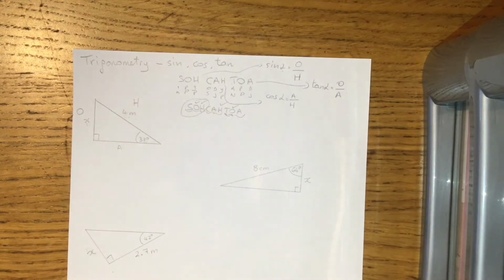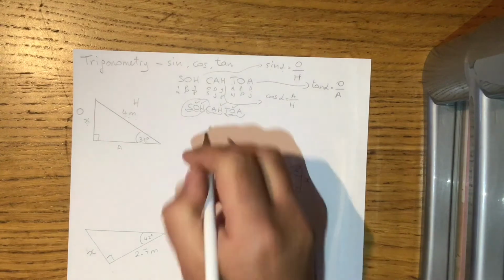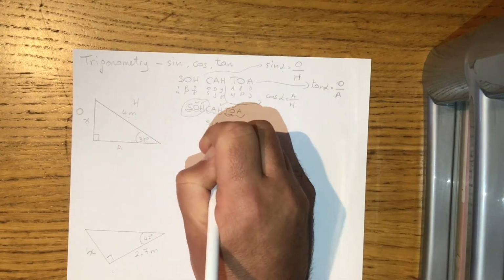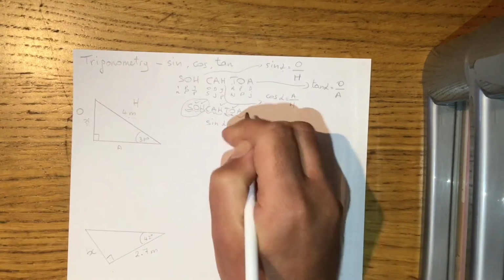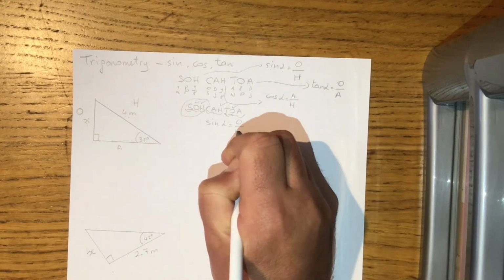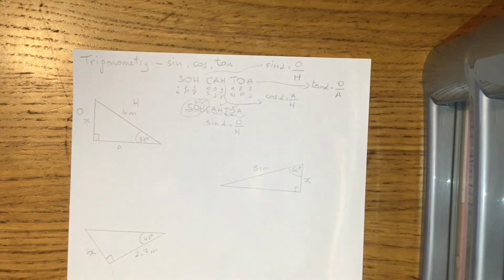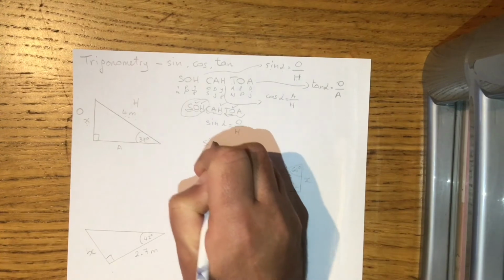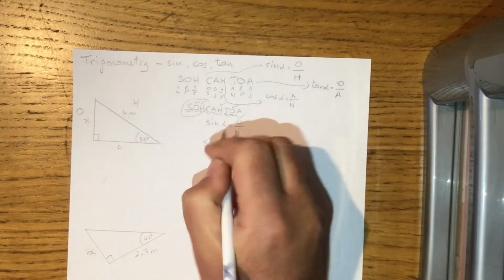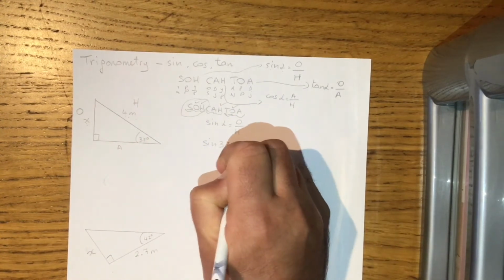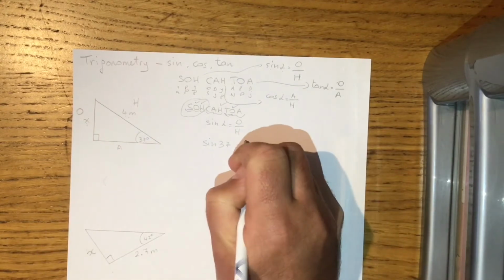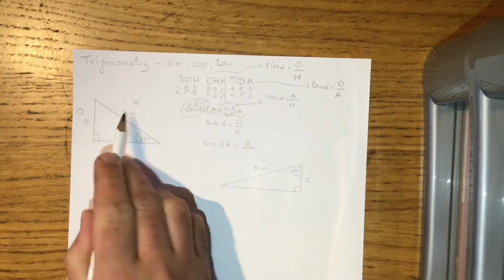This formula here. So that's the one I'm going to use. So that means that sine of the angle is opposite over the hypotenuse. So sine of 37 is opposite, which is x, over the hypotenuse, 4.